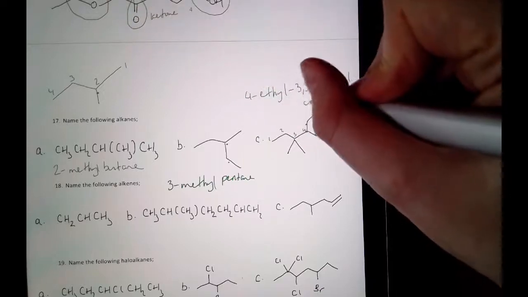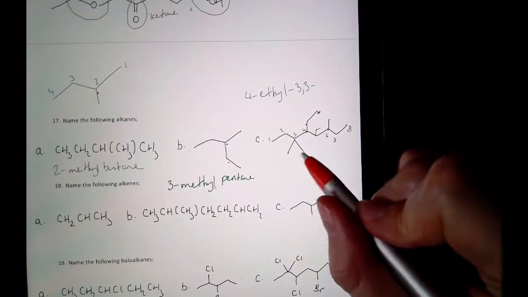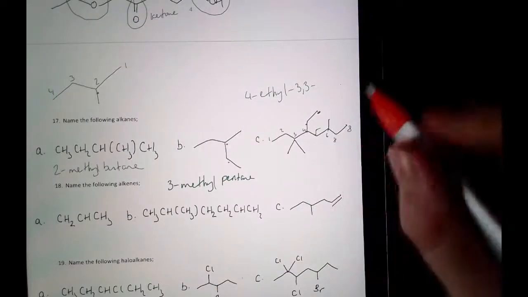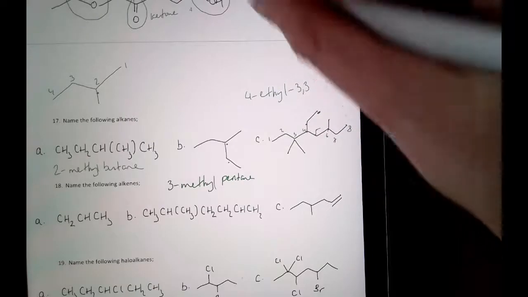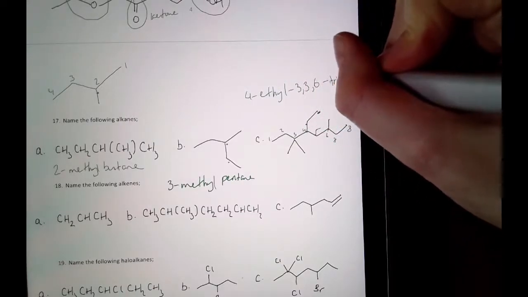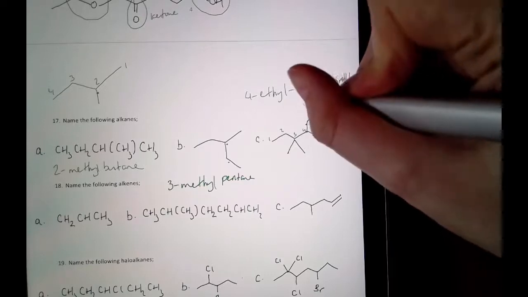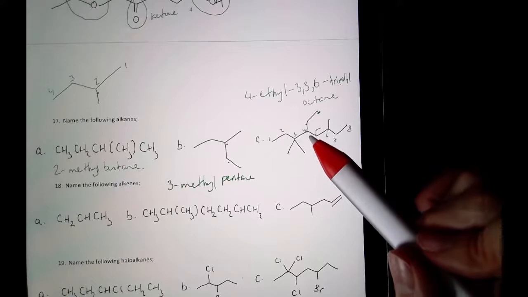Sorry. I've got 3 methyl groups. I've got 2 of them here on carbon 3. I've got a third one on carbon 6. So it's going to be 3,3,6-trimethyl octane. Okay, so on carbon 4, you've got an ethyl group.